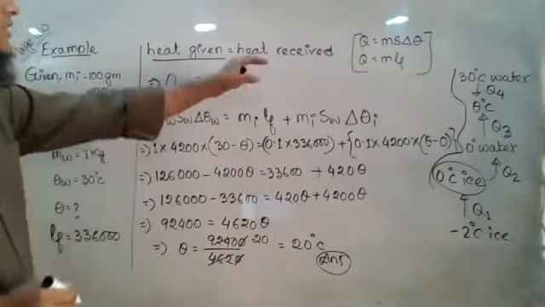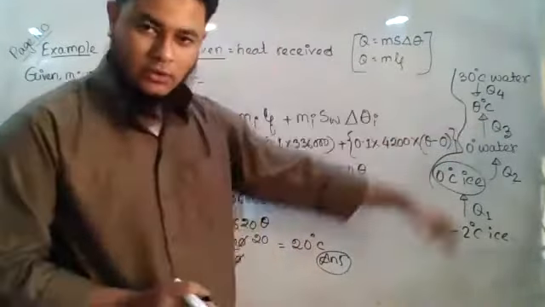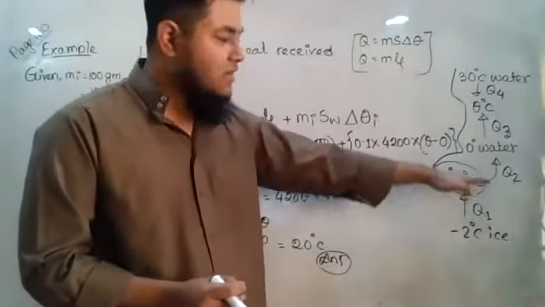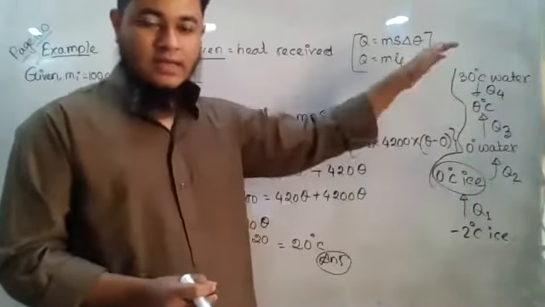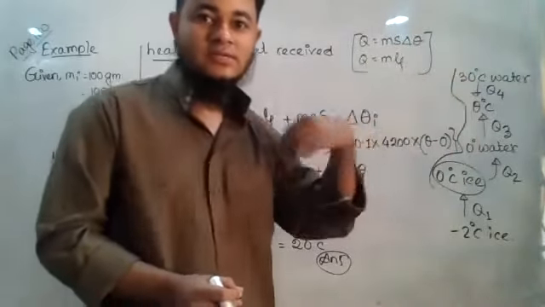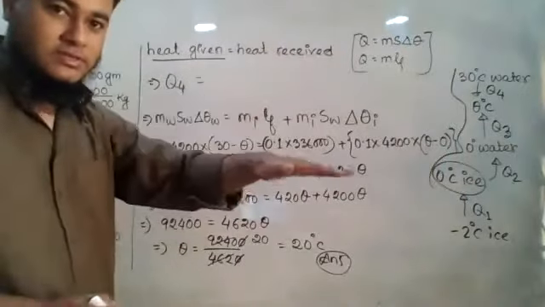Very good. Now heat received. You can see that heat is being received as we are moving up. You can remember it this way: all the processes that move in the upward direction are heat receiving, and the process where the arrow points downward is heat given, because when you give heat, the temperature is lowered.